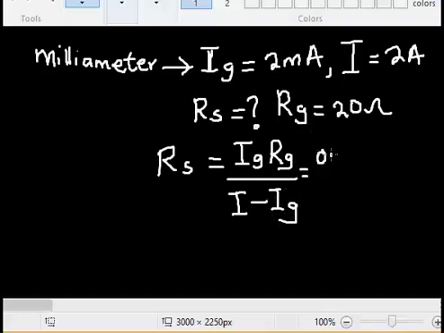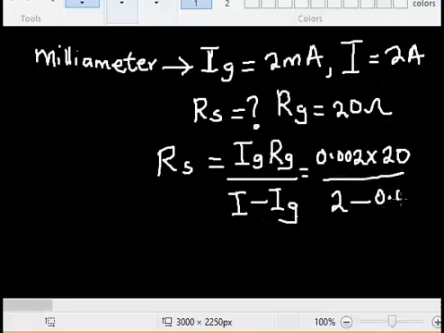So that's going to be 0.002, then times the resistance, which is 20, then divided by the current that I want to measure, 2, then minus the full scale deflection, 0.002. So just use a calculator, solve this to the end, and that will give you Rx. I hope that is well understood.